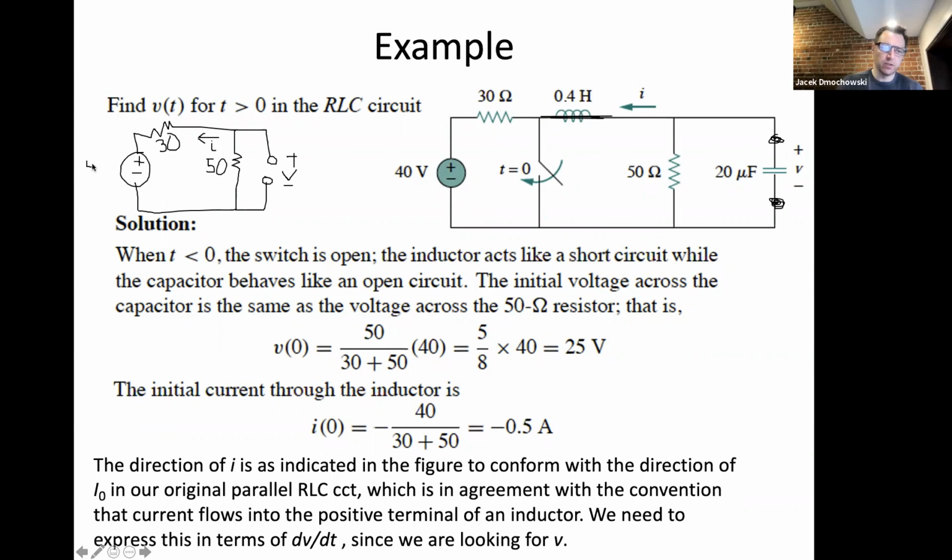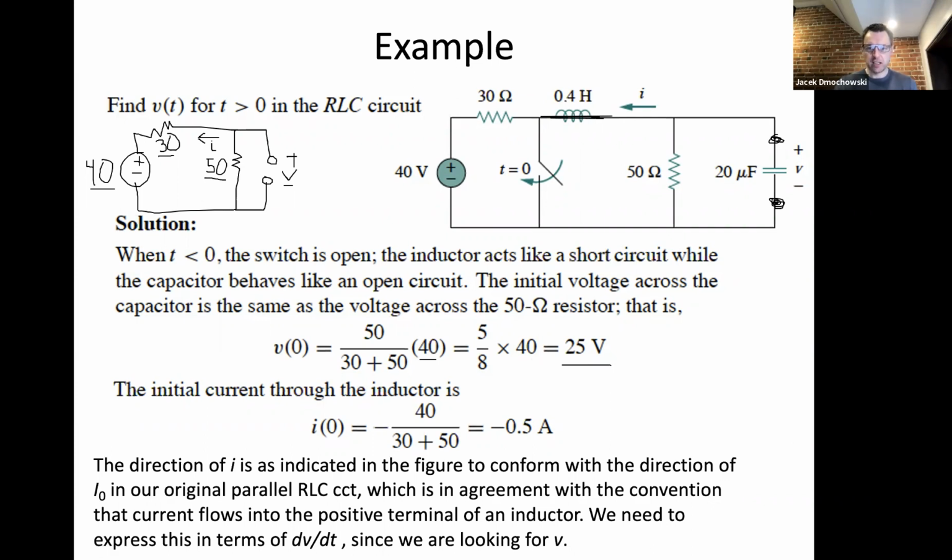And this is 40 volts. So in this picture, the value of V is obtained by voltage division, right? So you have our 40 volt battery, which is divided across the 30 ohm resistor and the 50 ohm resistor. So V is equal to 5/8 of 40 volts, which is equal to 25 volts.